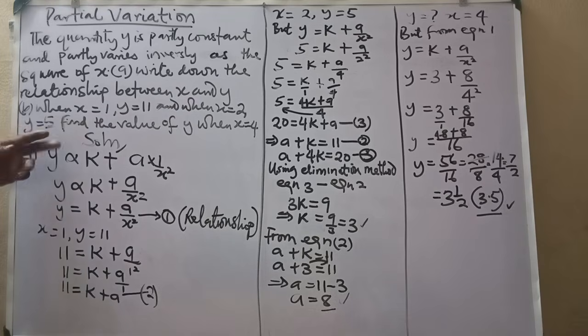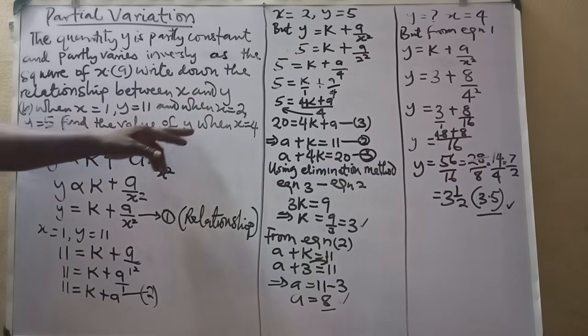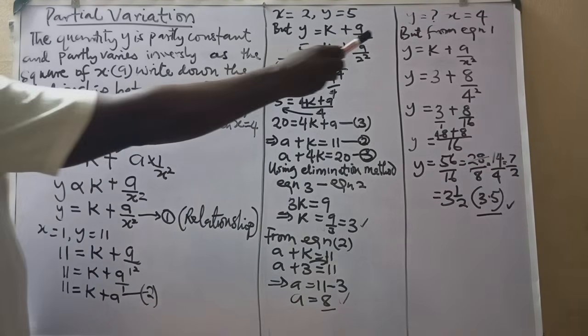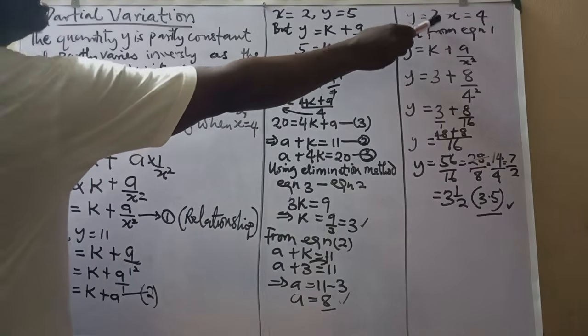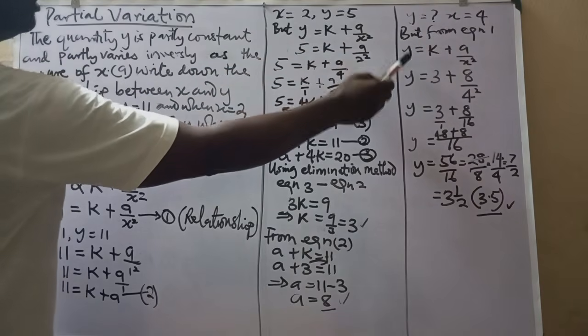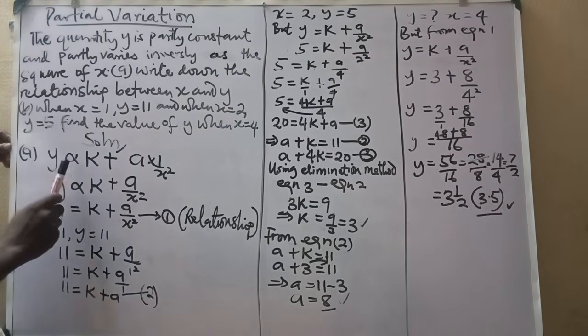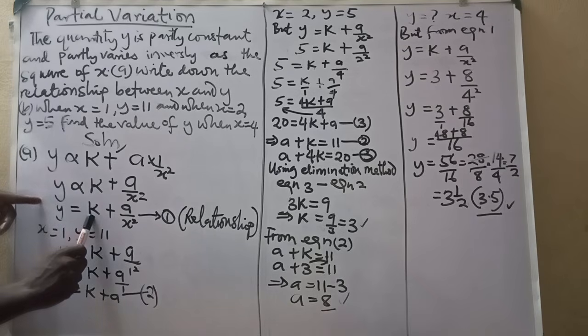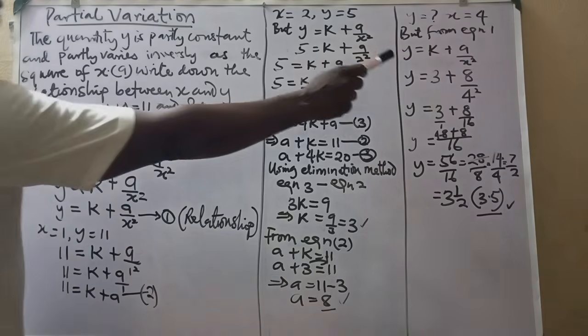Now the last question says, find the value of y when x is 4. Simple. You have gotten your A, you have gotten your k. So y is unknown, x is 4. But from equation 1, that is our beginning, look at it here, y equals k plus a over x squared.